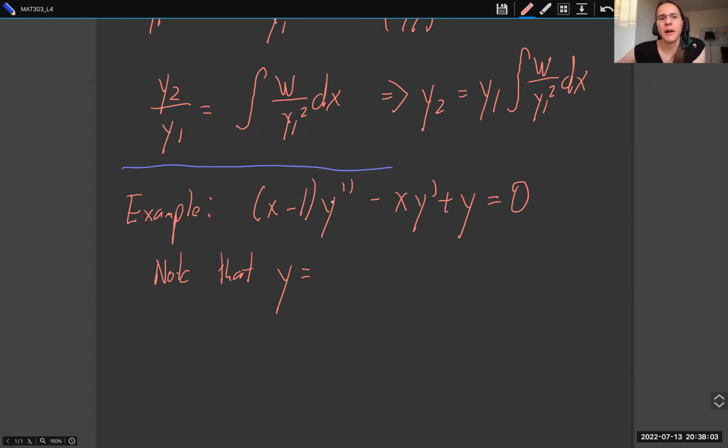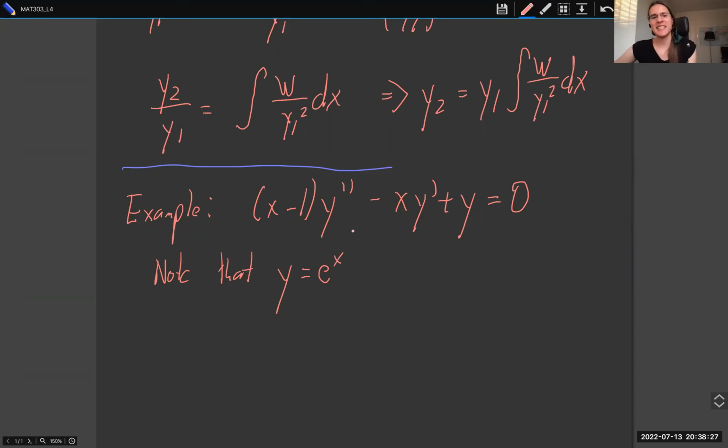So notice that, let's imagine that all of the primes went away. If all of the primes went away, then I'd have x minus 1 here, and then I'd have minus x, and then I'd have 1 here, right? And then it would be 0. So what would make all of the primes go away? Oh, if it was e to the x. Yeah.